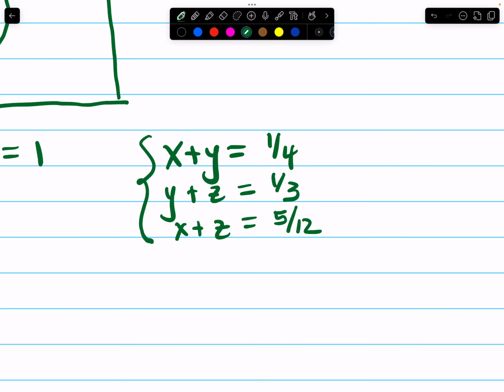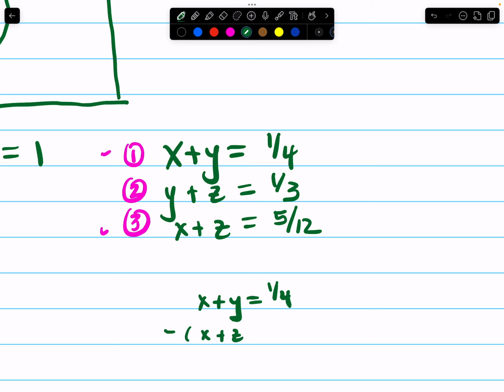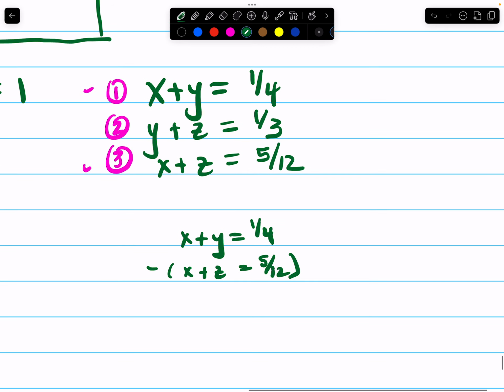So I'm going to combine, let's see here, this will say is 1, 2, and 3. I'm going to combine 1 and 3, subtract them. So X plus Y equals 1/4, and then minus X plus Z equals 5/12. So then we end up with no X's.